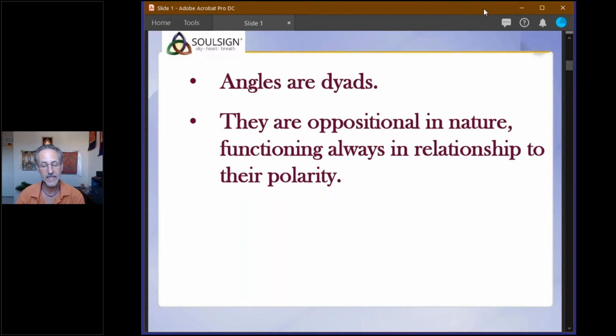The descendant is the ecliptic setting. Okay, so you cannot have one without the other. And because they are these dyads, and they are literally defined and created from opposite sides of our local visible space, they're always functioning in relationship to one another.